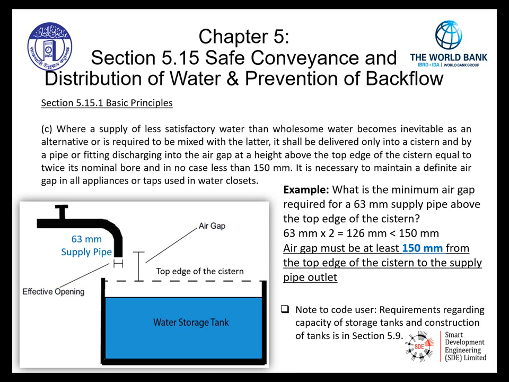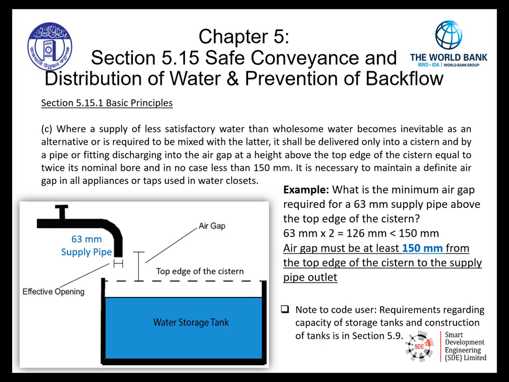We simply put it in the form of an equation as indicated in item C above. We are allowed 2 times the nominal bore. So we take 63 millimeters times 2, and that produces the product of 126 millimeters.